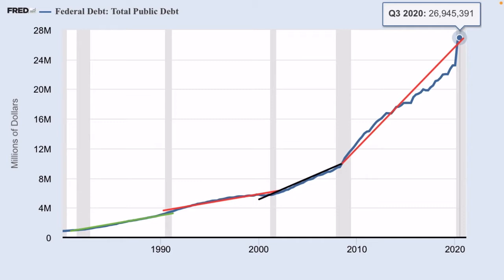And you can see from around 1990 to 2000, it went from about 4 trillion to about 6 trillion. And then once it reached 2008, you can see it was about 9 trillion. And then that's when it started increasing a whole lot more.